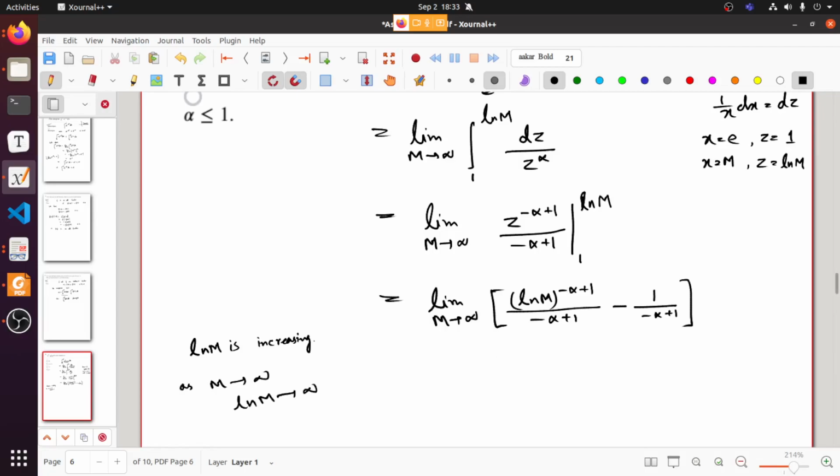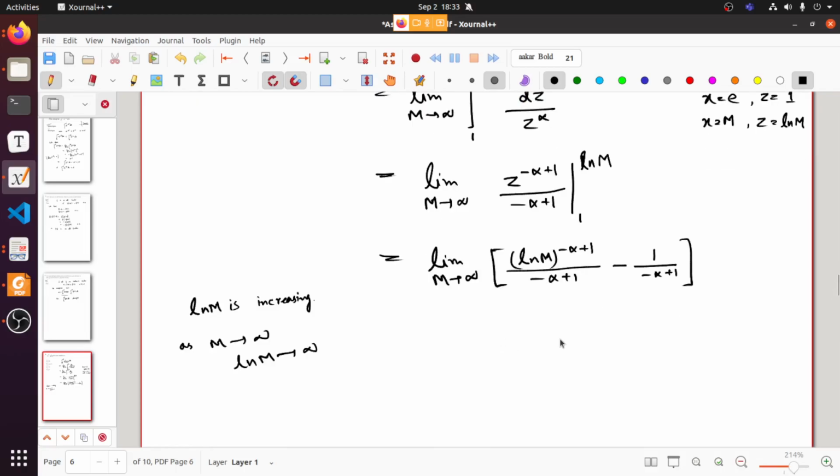So if alpha is less than 1, then minus alpha plus 1 will be a positive number.